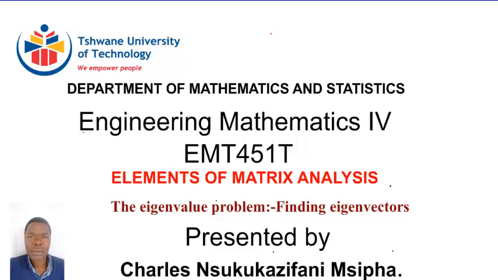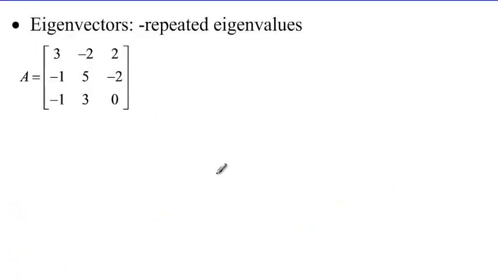So say we're given a matrix A, and then we need to find the eigenvectors. Our initial step again, we'll start at A minus lambda identity. That's our characteristic polynomial.